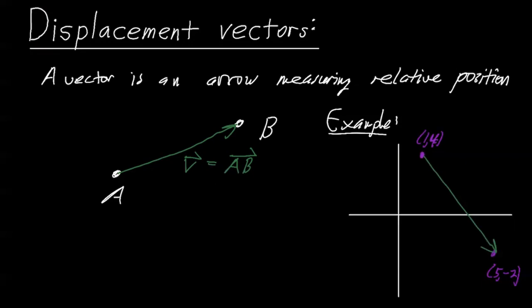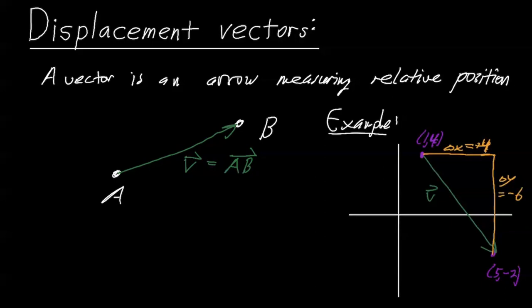And how are we going to describe it? Well, if you think about it, you go from 1 to 5 in the X direction, so the delta X is +4. And then you go from 4 down to -2, so the delta Y is -6.